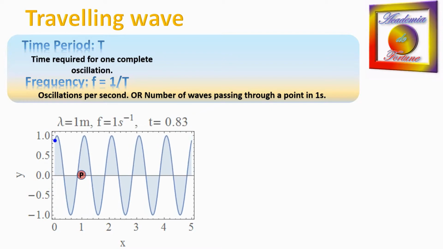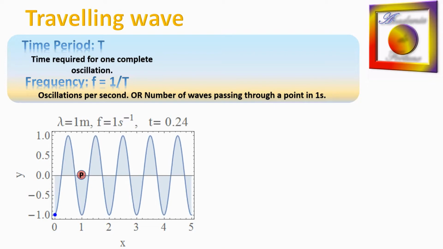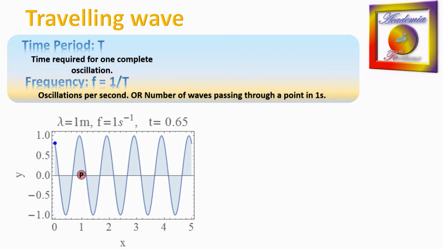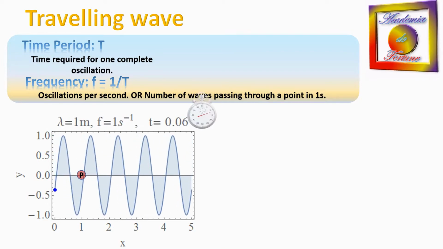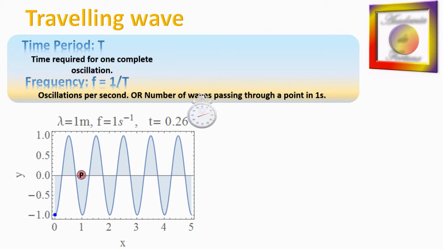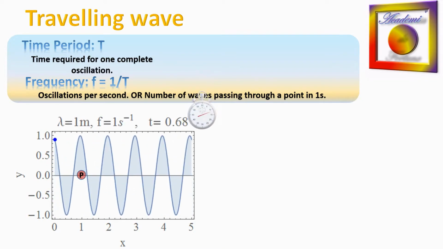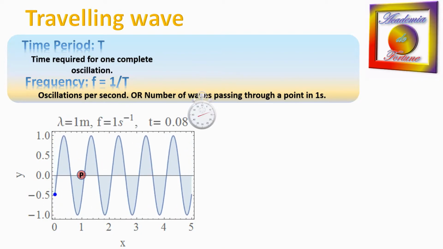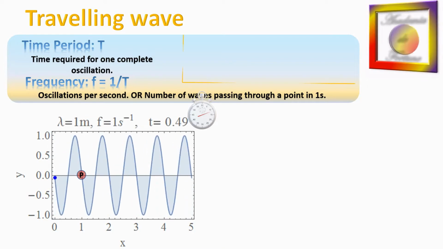You can see the fixed point P on the graph, and the wave is moving towards the right and passing through that point P. By looking at the time clock on the top right corner, you can see that only one wave is passing through the point P in 1 second. Hence, the frequency of the wave is 1 Hz and the time period is 1 second.